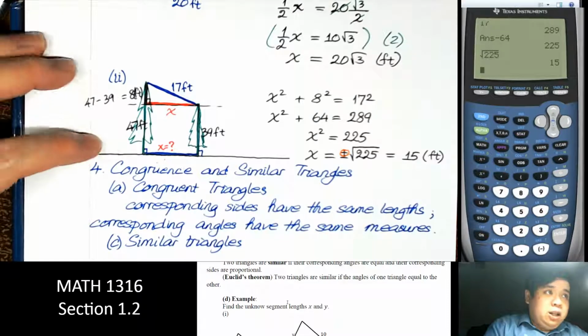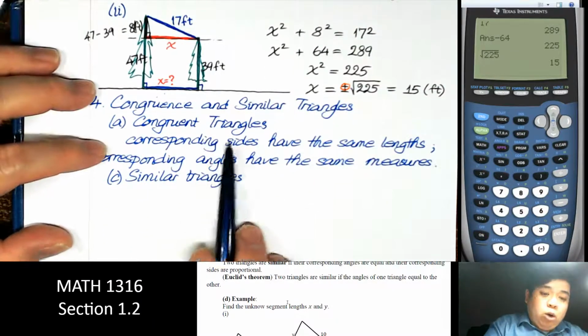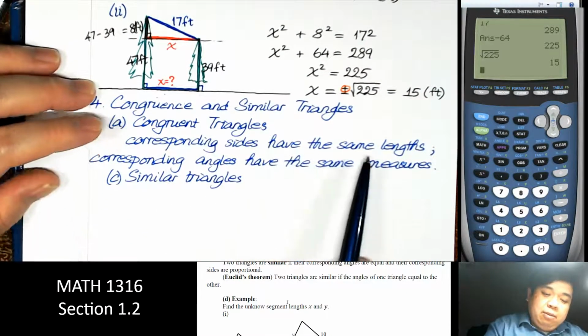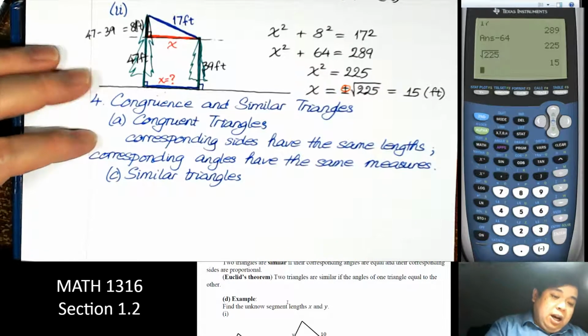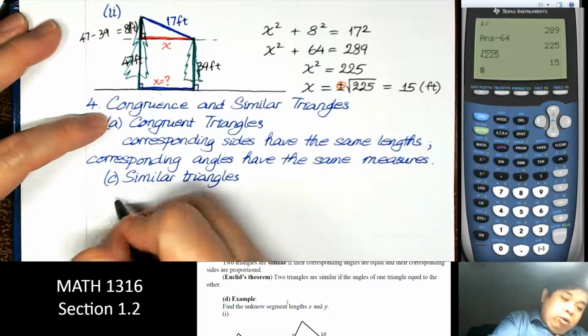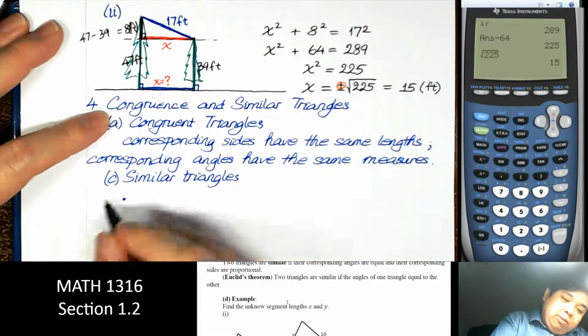Similar triangles, unlike congruent, don't need the same lengths; in this case we only require the angles.